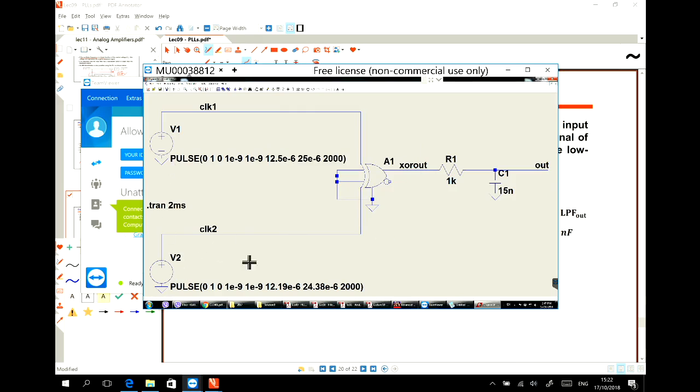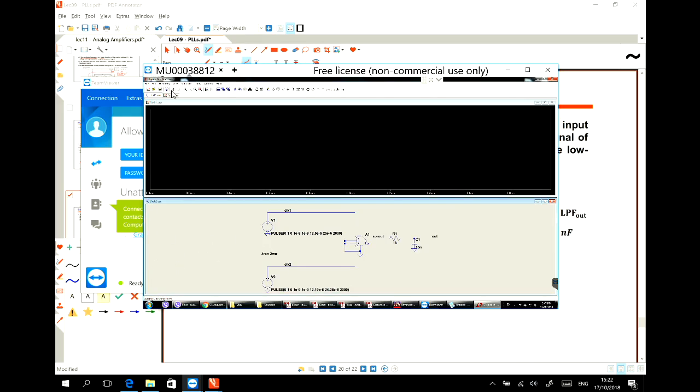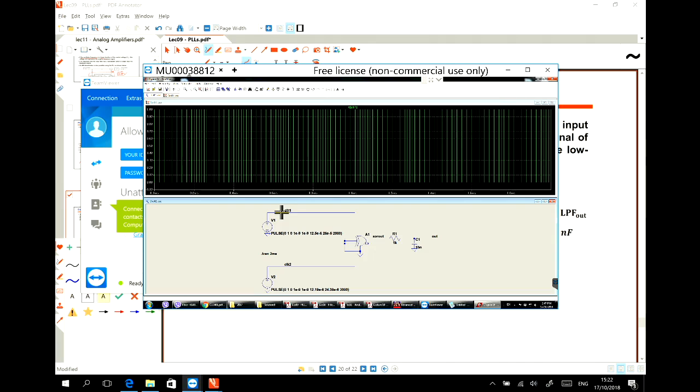I set the signal like this, and then if we run this, so this is the clock 1 and this is the output for clock 2. You see that it starts to get shifted, and then again, for example, they get in phase and then out of phase and so on. And then I apply these two into an XOR gate and then put a filter here.